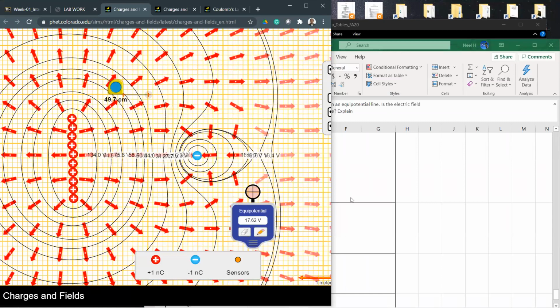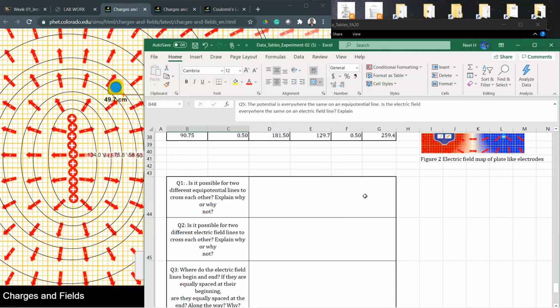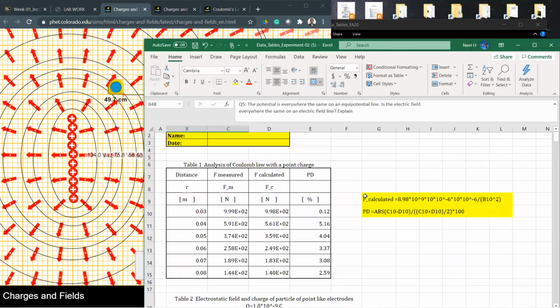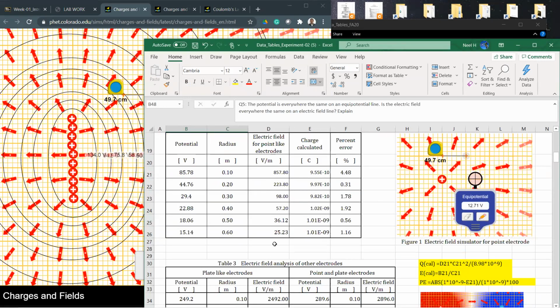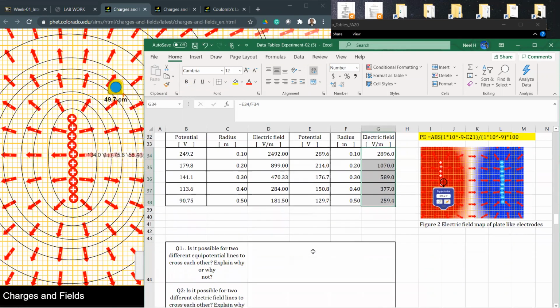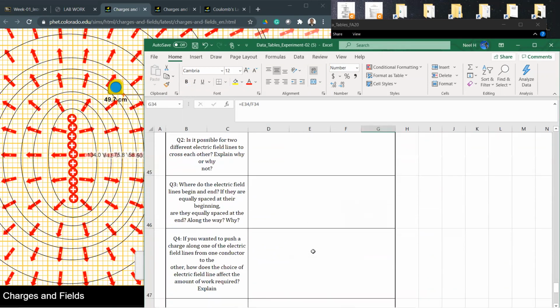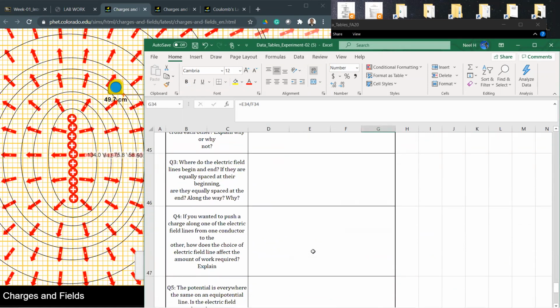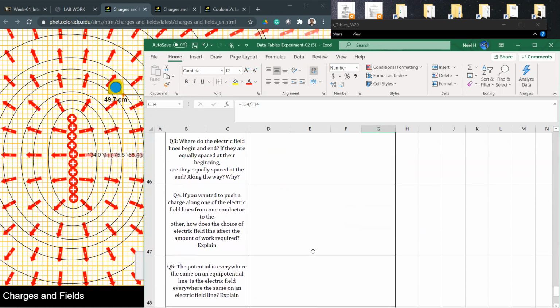You can easily answer that by looking at our first calculation. Technically, you have all the data right here, whether the electric field behaves the same or not. Observe the data and then write it down in 1 or 2 sentences. If not, you know why, because the electric field value is actually inversely proportional to R.